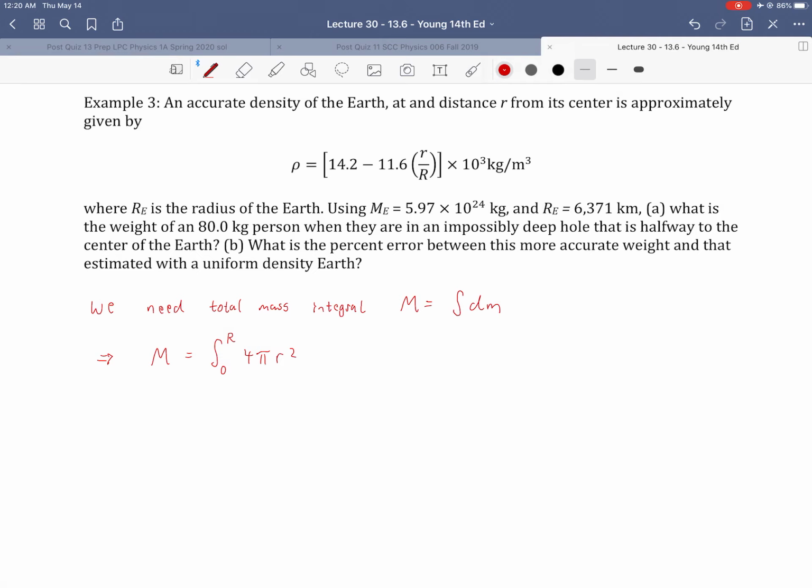And then we have 4 pi r squared. That is just the surface area. The surface area of what? The surface area of a shell. And then times rho. Then times dr. So what are we looking at here? Well, this is the mass of a concentric shell with an infinitesimally thin thickness of dr.